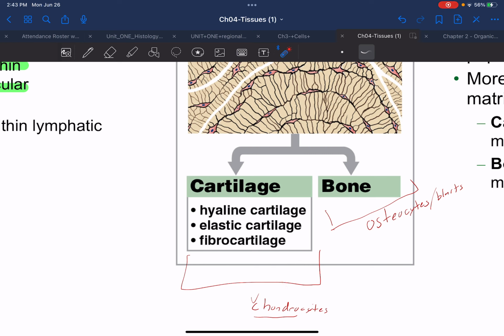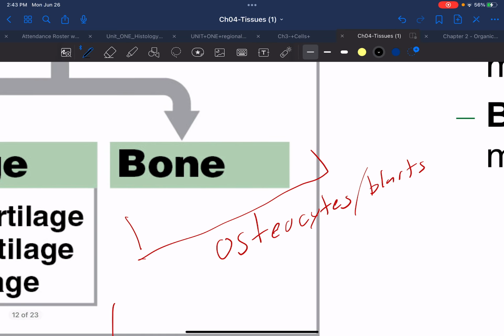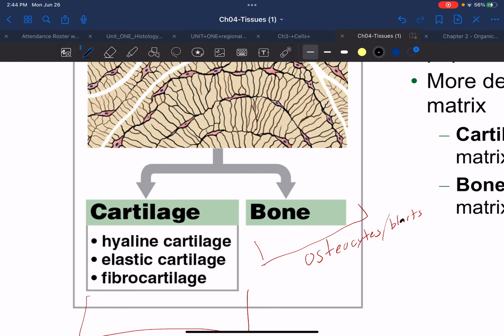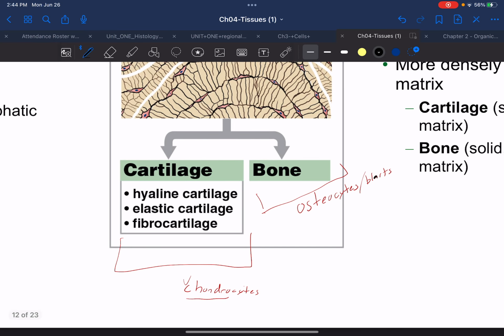All 3 of them are made by chondrocytes. And then bone is made by osteocytes. And then this word here is blasts. I know it's hard to read. Oh, sorry. Osteocytes and osteoblasts.